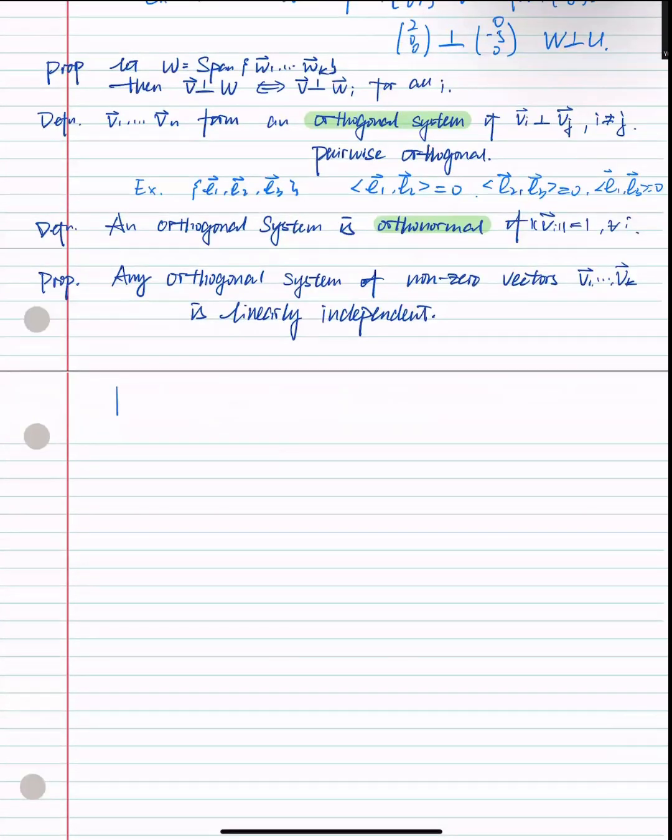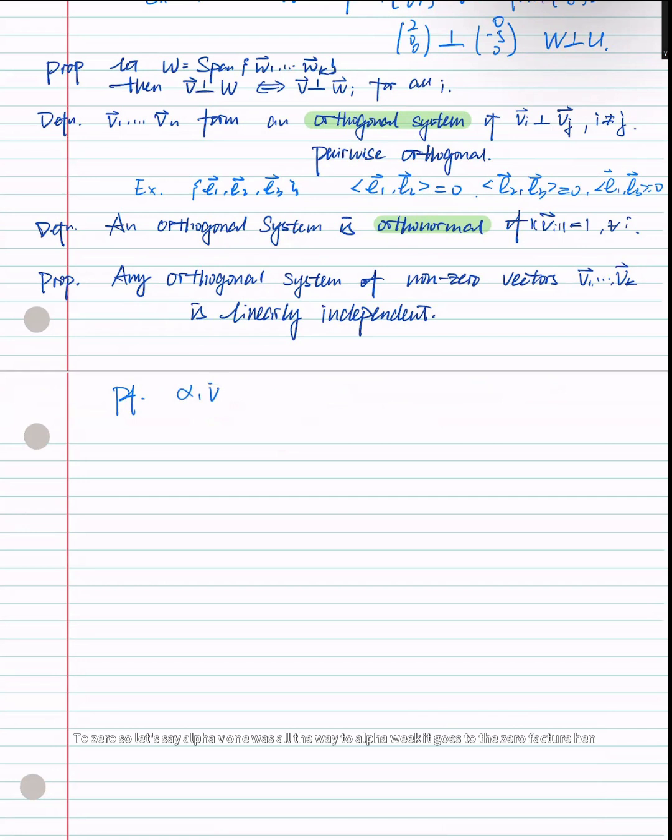So, a short proof of this. For linear independence, we know that if a linear combination equals 0, then all the factors have to be equal to 0.